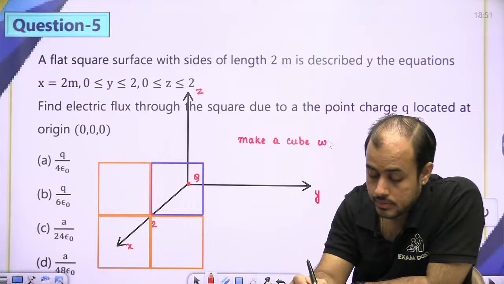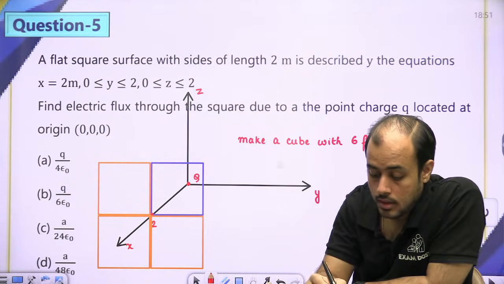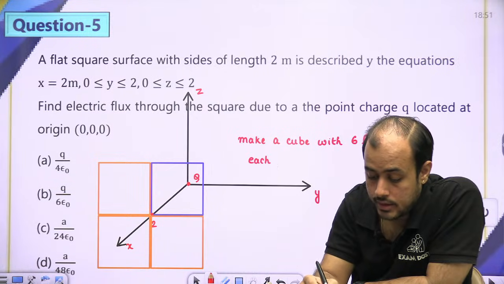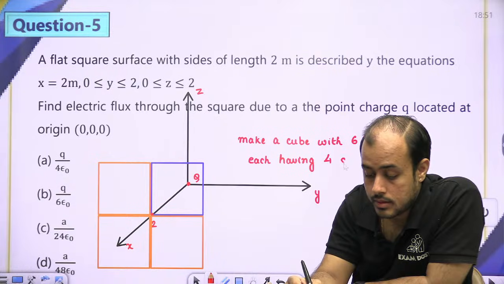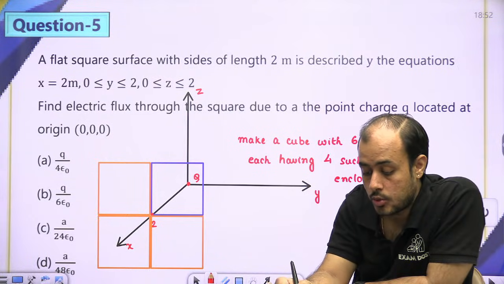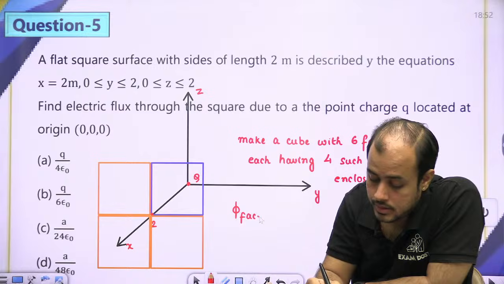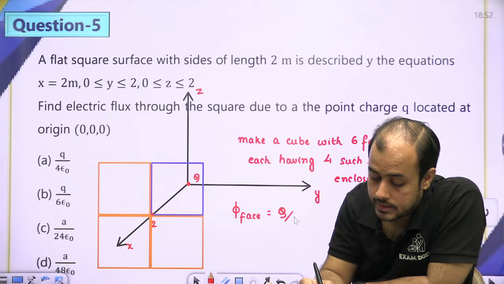Make a cube with 6 faces, each having 4 such squares, enclosing charge Q. Now, the flux through each face will be Q by 6.